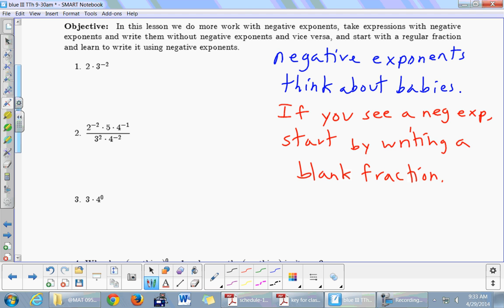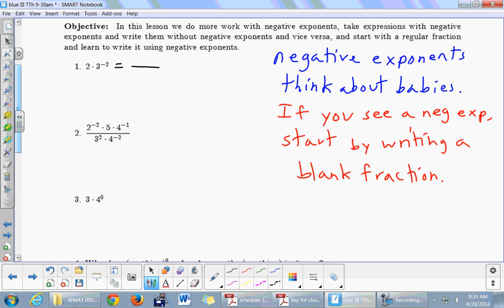First thing I'm going to do for each of these problems that involve negative exponents is write a blank fraction. So let's give a shot to number 1. 2 times 3 to the negative 2. I see a negative exponent. I know this fraction's coming. So I'm just going to begin with a blank fraction, and we're going to fill in.